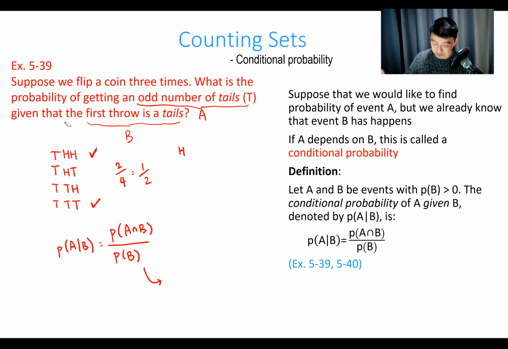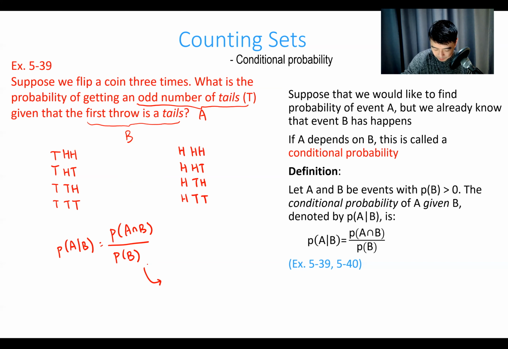So if heads was thrown first, we again have 4 cases. Okay, and head, tail, tail. Now, in fact, I've listed out here all 8 cases. These are all 8 cases of what would happen if I threw 3 coins.